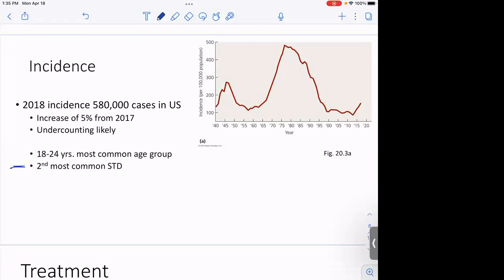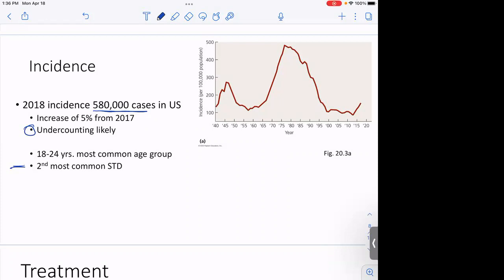The numbers I have, as of 2018, are somewhere on the order of 580,000 cases in the US. This is one of those diseases that's notifiable, so you get diagnosed at the doctor and they notify the CDC. We're probably way undercounting this, again, because so many women don't realize, maybe even for a long time, that they have it.